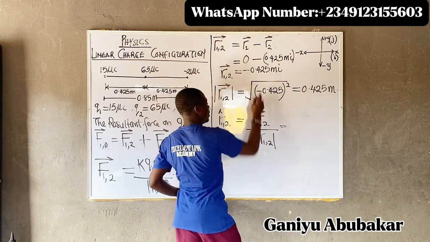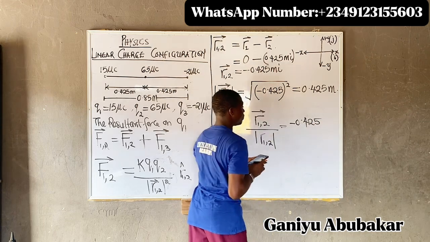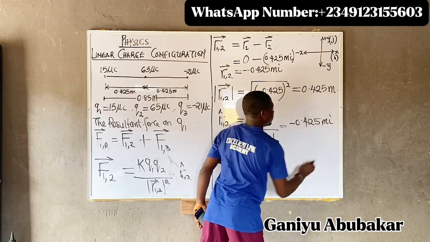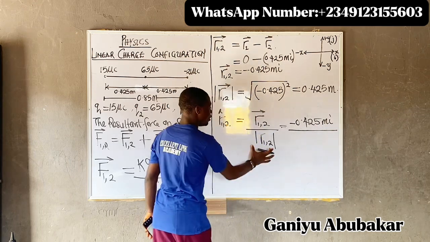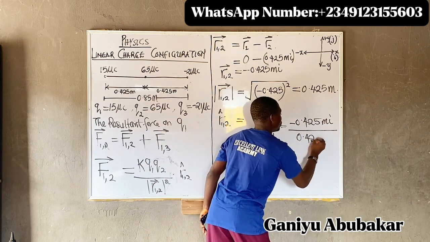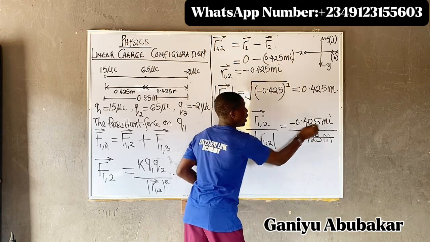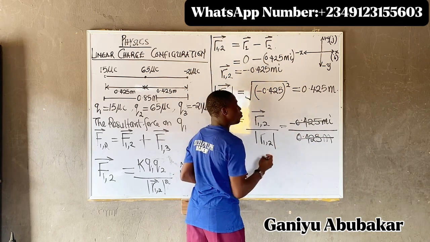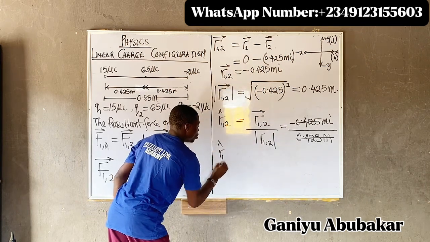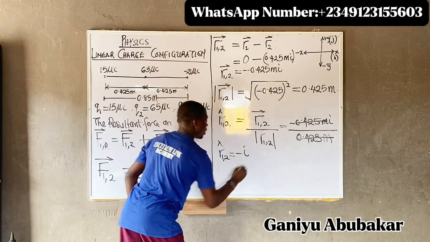The value there is minus 0.425. So in meters i, all over this here is this value. So I have 0.425 meters. What do we know from mathematics? This one here will cancel this one. Left is what? Negative i. So the value of the R12 unit vector is equal to minus i.